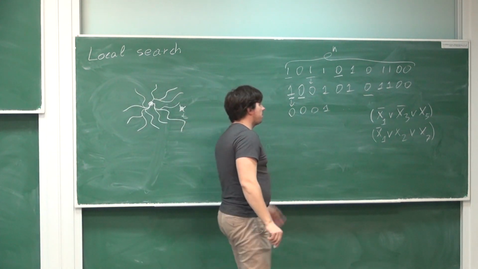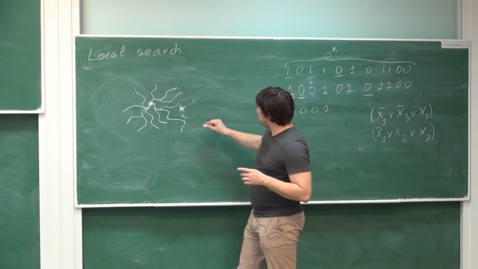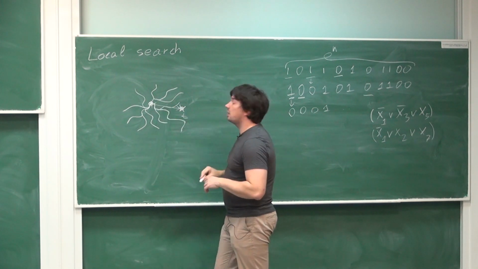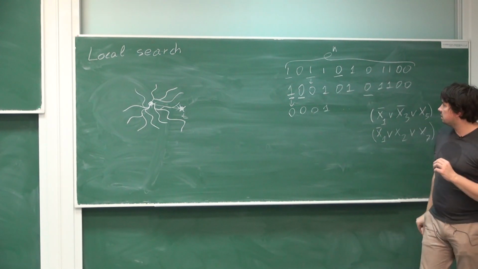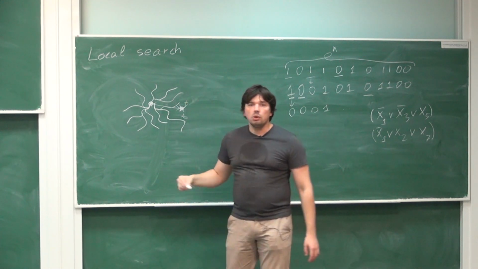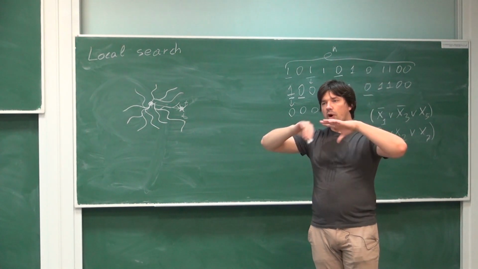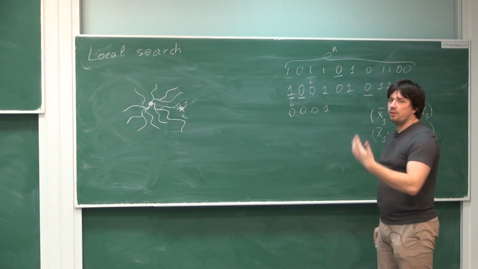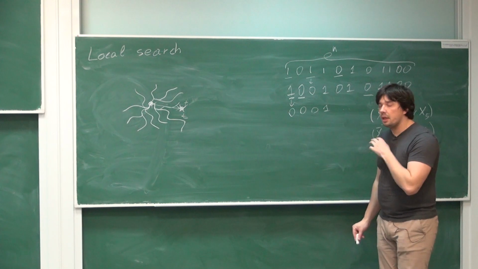That can happen, but if the distance from my current assignment to the correct assignment is some number t, which is exactly how long I am allowing my local search algorithm to wander around, then on every step I have this 1/3 chance of getting closer.